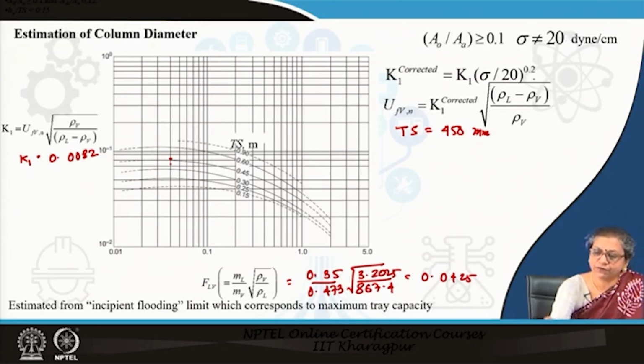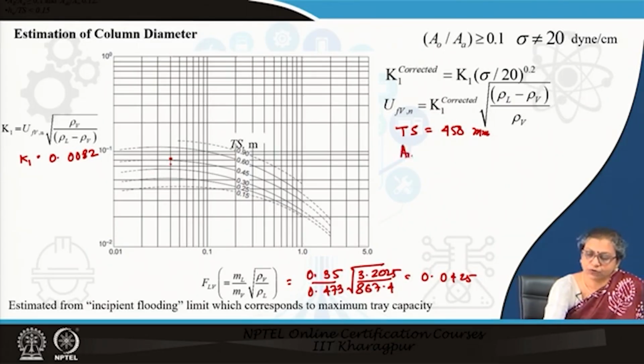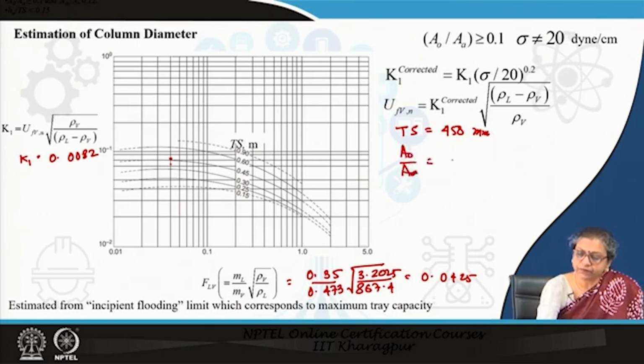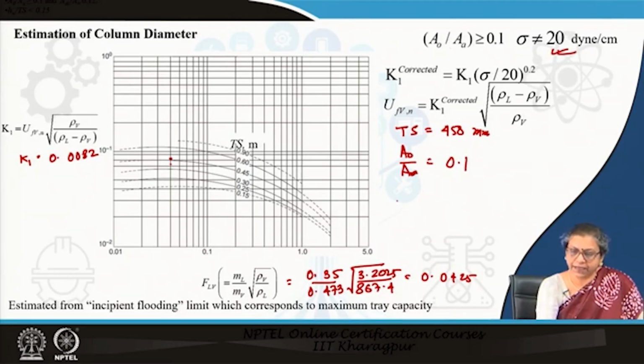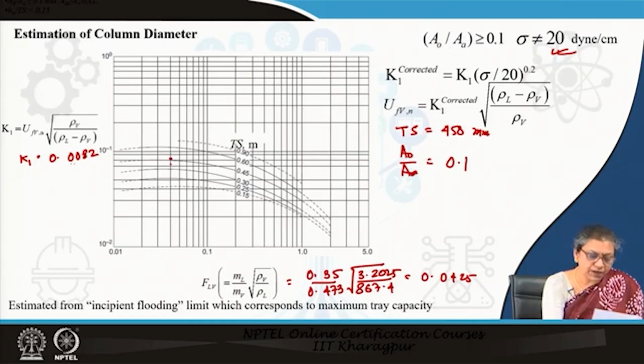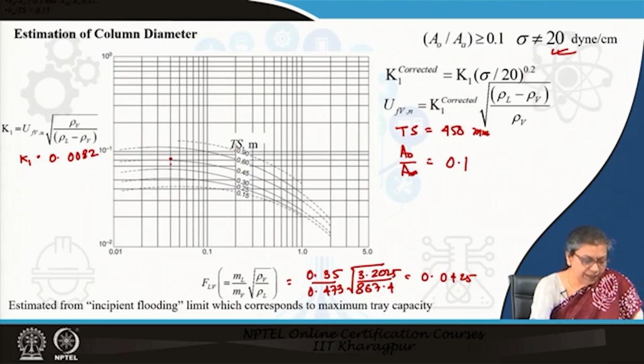And we assume for our purpose that AO by AA is going to be 0.1. So, we need to correct K1 just for the correction of sigma. We will not introduce any correction for AO by AA.